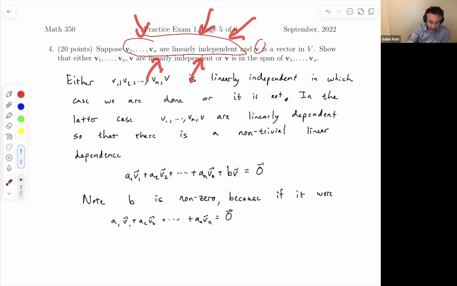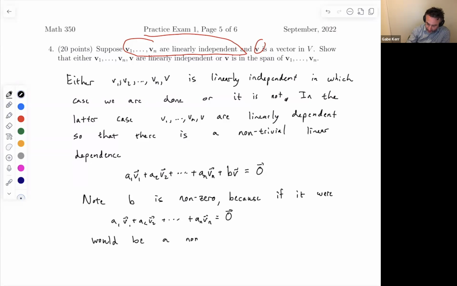So that can't happen. Because if it were, this would be a non-trivial relation amongst V1 through Vn. But V1 through Vn are linearly independent by assumption. We assumed that. This can't happen.